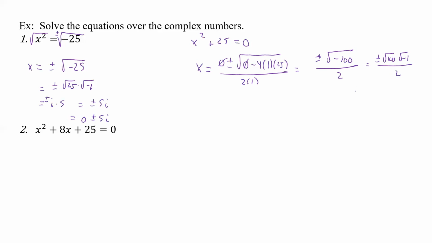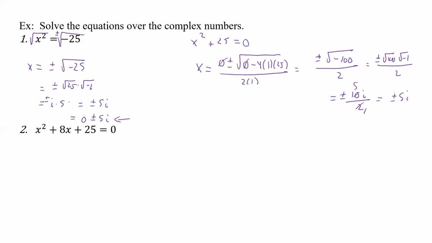Now, the square root of 100 is 10, so it's plus or minus 10. Square root of negative 1 is i, all over 2. And guess what? That's just going to be plus or minus 5i. And again, when we get done writing it, we'd probably put it in the complex number form if that was asked for. So either way we do it, we get the same value.